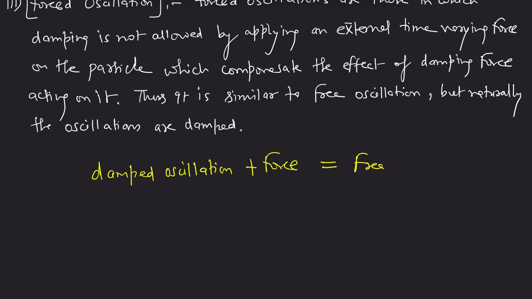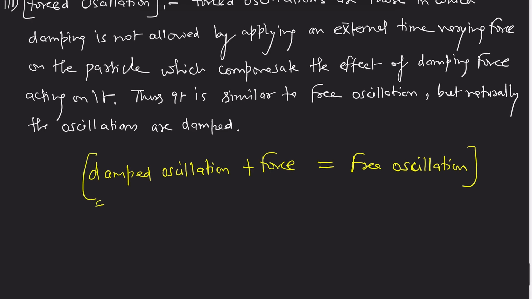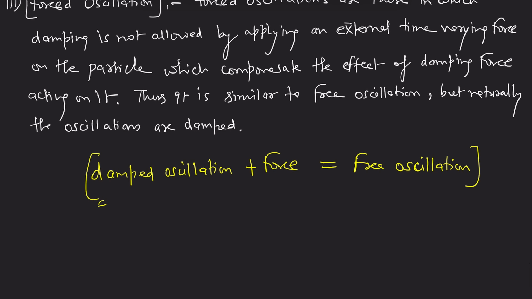So there is a damped oscillation happening, and with the help of some sort of force added to the system, we are able to achieve a free oscillation. If that is happening, it is known as free oscillation. I hope this is settled for you also. So that is the idea of the types of oscillations that we can have.